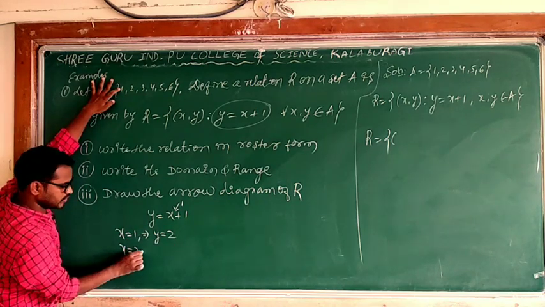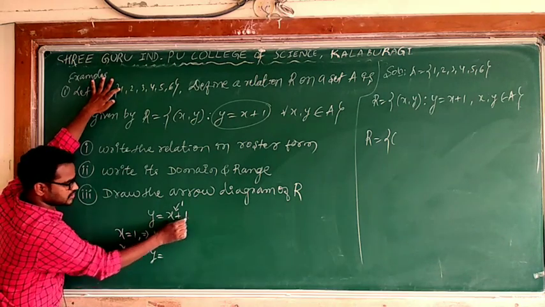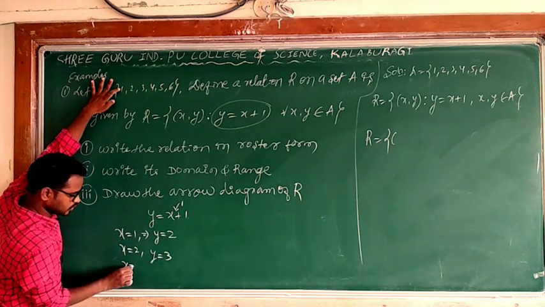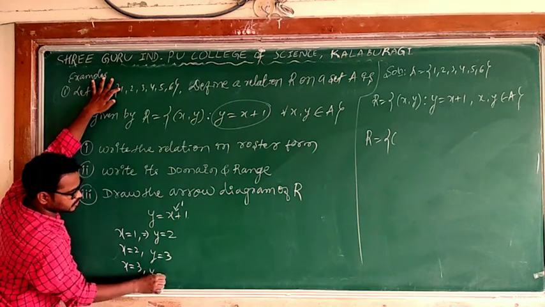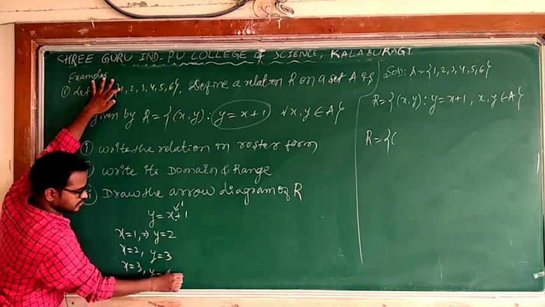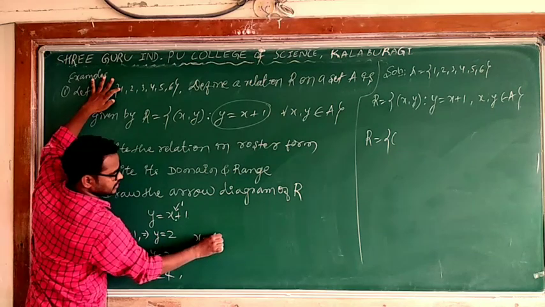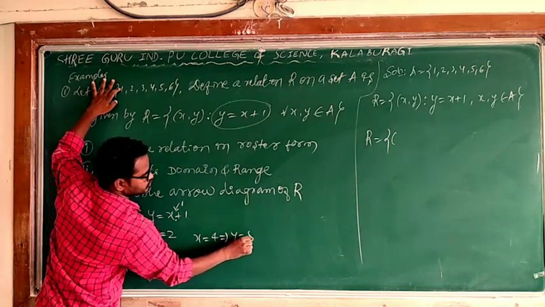X is equal to 2 implies y is equal to 2 plus 1, 3. X is equal to 3 implies y is equal to 3 plus 1, 4. X is equal to 4 implies that y is equal to 5.